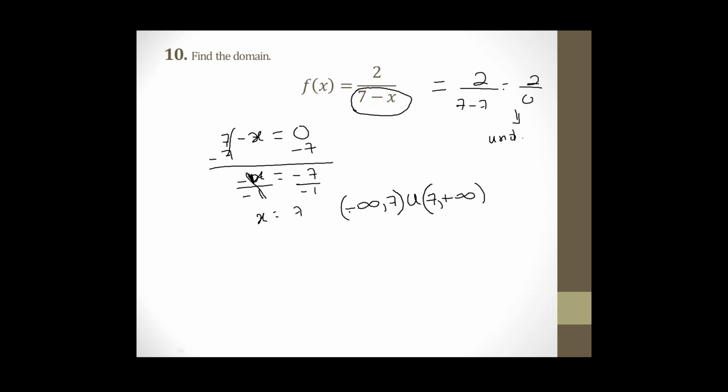That way you got all the numbers from negative infinity to positive infinity, but you excluded 7. The reason you excluded 7 is because if x is 7, it makes this function undefined. Okay, and that is answer choice D on your booklet.